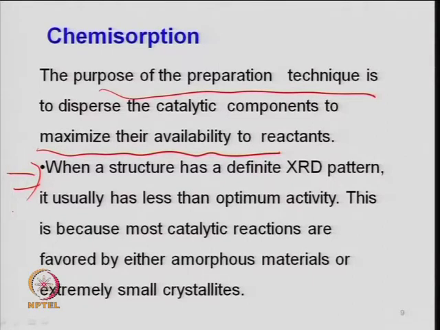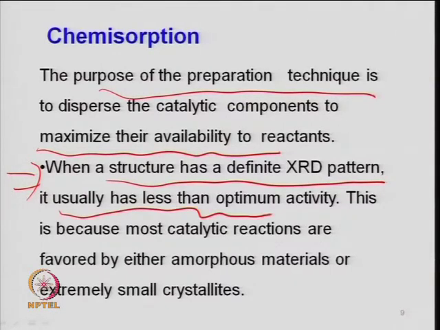When a structure has a definite XRD pattern, it usually has less than optimum activity, because we need more and more defects on the surface, edge structures, to have a good catalytic activity. It is not necessary that your material is crystalline for good catalytic activity, it can be amorphous also.